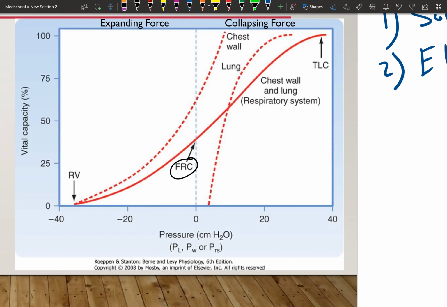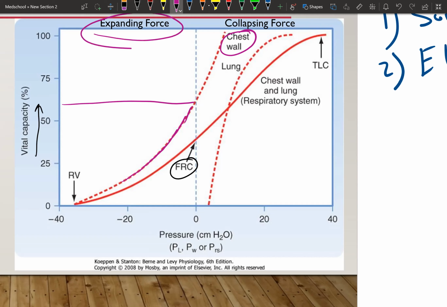Now, if we increase our inspiration so that we're utilizing more of our vital capacity, the chest wall, at this first red dotted line, at about 60% vital capacity, no longer stays on the expanding, outward recoil force. It actually switches over to the collapsing force.